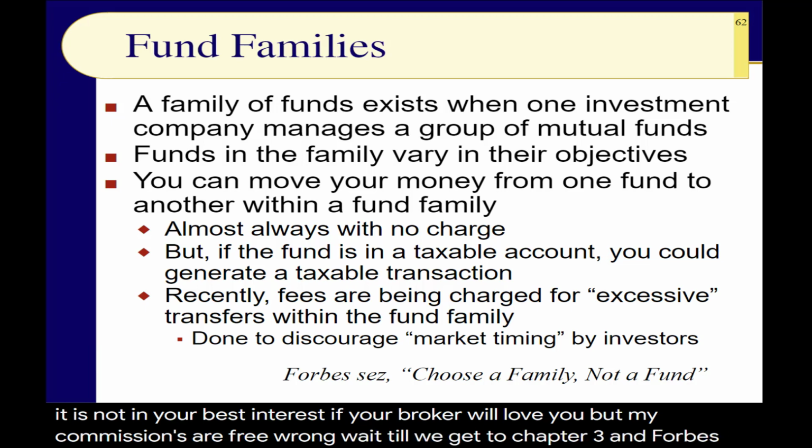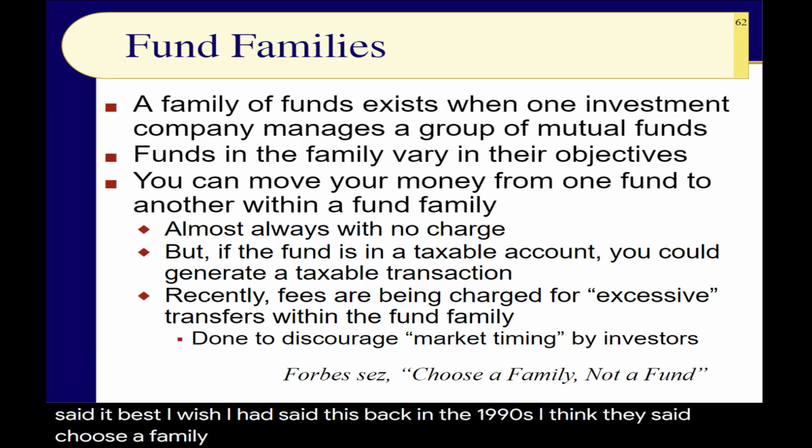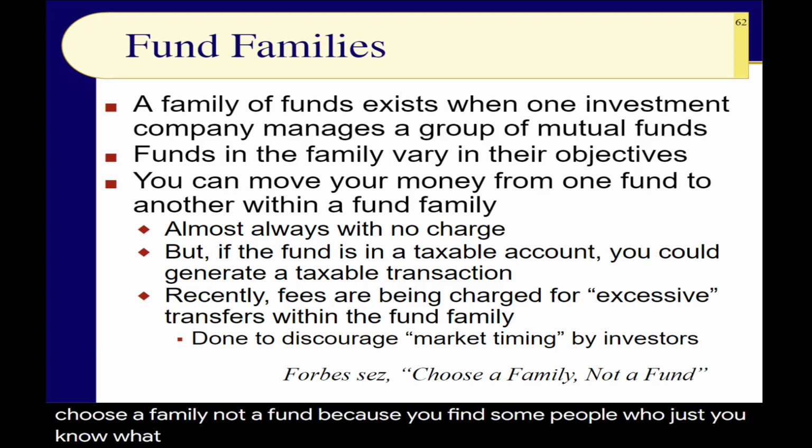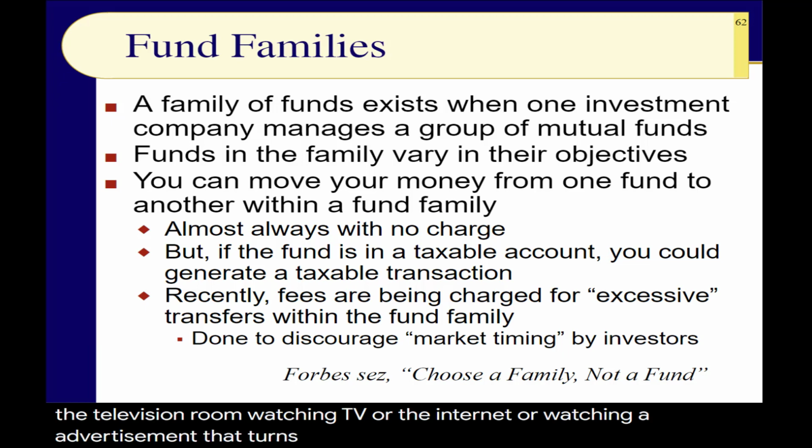And Forbes said it best. I wish I had said this. Back in the 1990s, I think they said, choose a family, not a fund. Because you find some people who just, whatever the reasons, they read something, see somebody on the television or internet or watch an advertisement that turns them on.